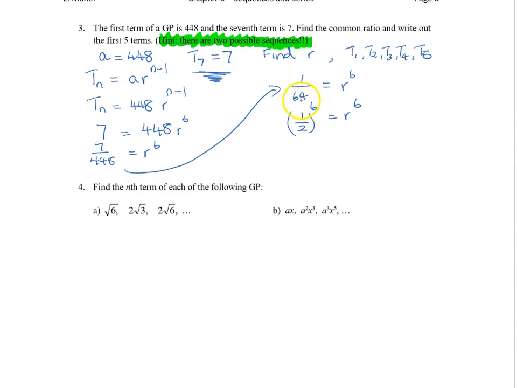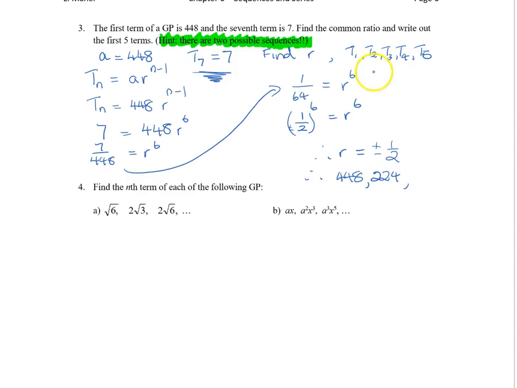We needed that for the previous question. 2 to the power 6 gives you 64, which is really convenient. I've now got the same index, I can equate the bases, and I can say that R is equal to, now, I guess really this could have been plus or minus. So I've got plus or minus a half.